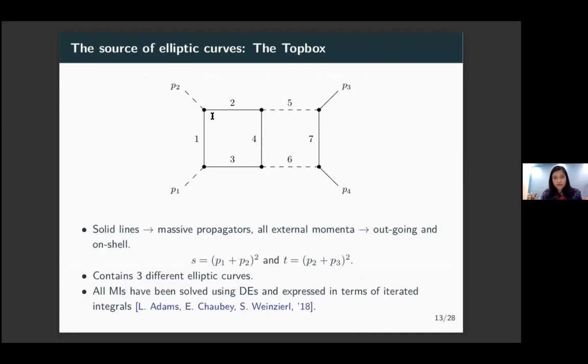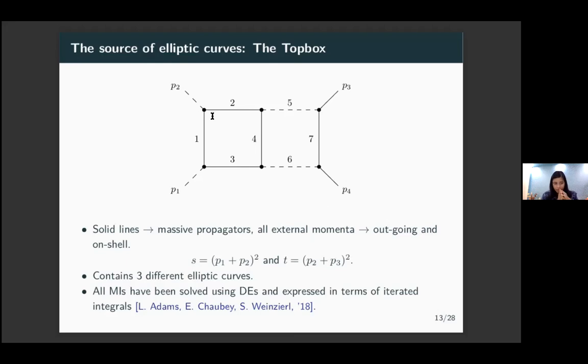If you want to solve the top box, you also have to solve the subsectors, and therefore you know that there is at least one elliptic curve. How many elliptic curves are there? There is actually no study so far, because this was really the first time 3 elliptic curves appeared. Even now they are trying to study why this happens and if we can write them down in terms of some basis.